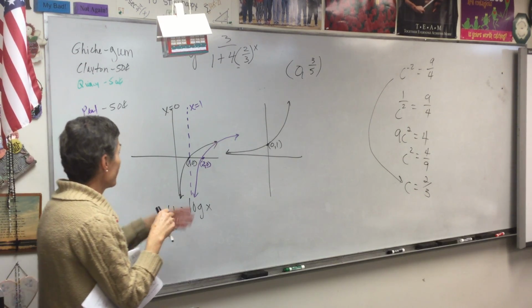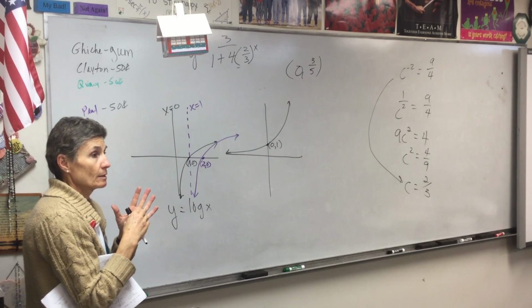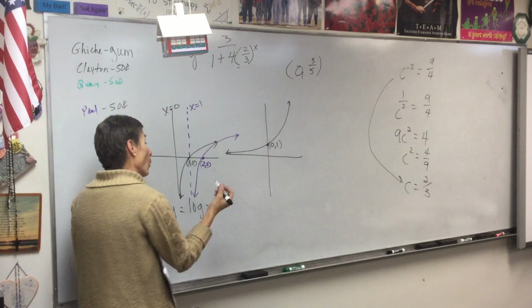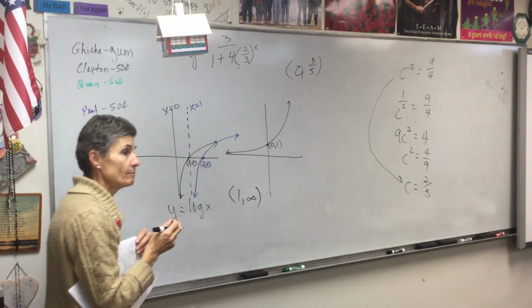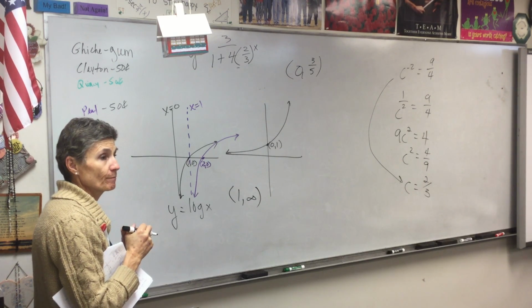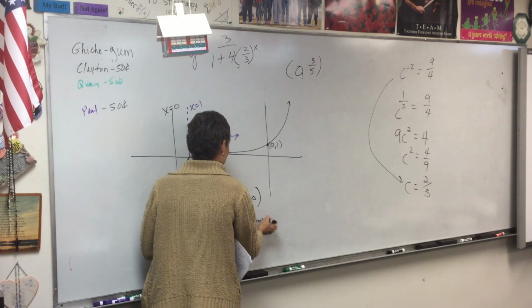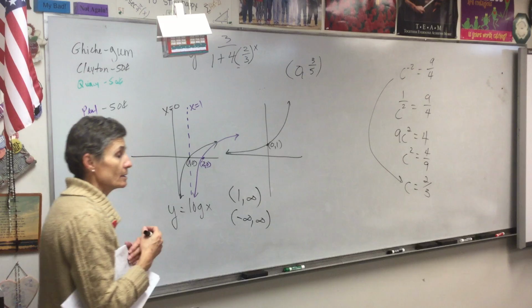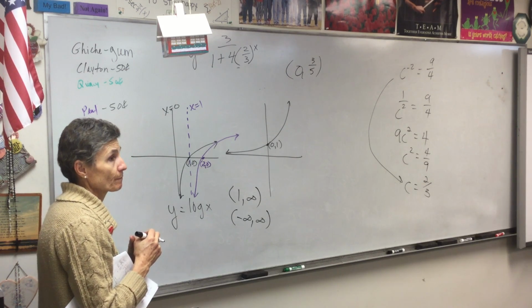So what is the domain of this, the purple? X greater than 1, or if you're thinking like a mathematician, you might write it like that. What's the range? All real numbers, or you might write it like that. And what's your asymptote now? X equals 1.